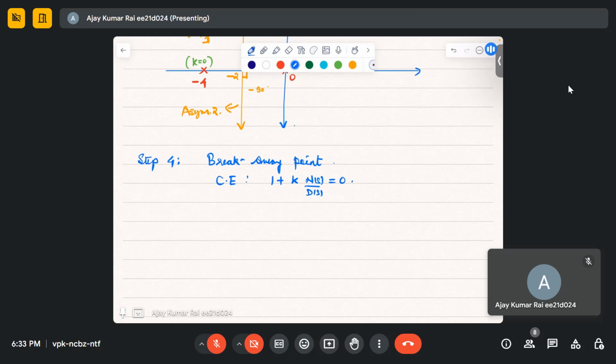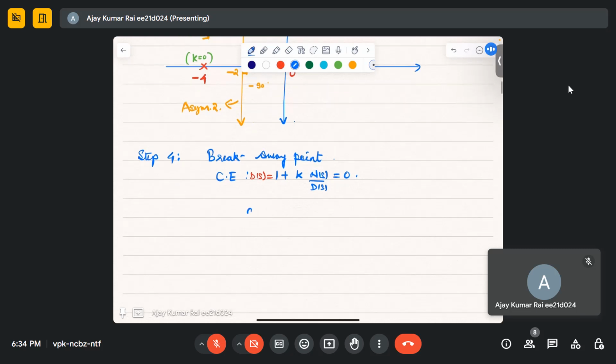Okay, so let me call this D(s). Let me call this 1 plus kN(s)/D(s), and write D(s) equal to this. What we used to do, very simple, is differentiate this with respect to s.